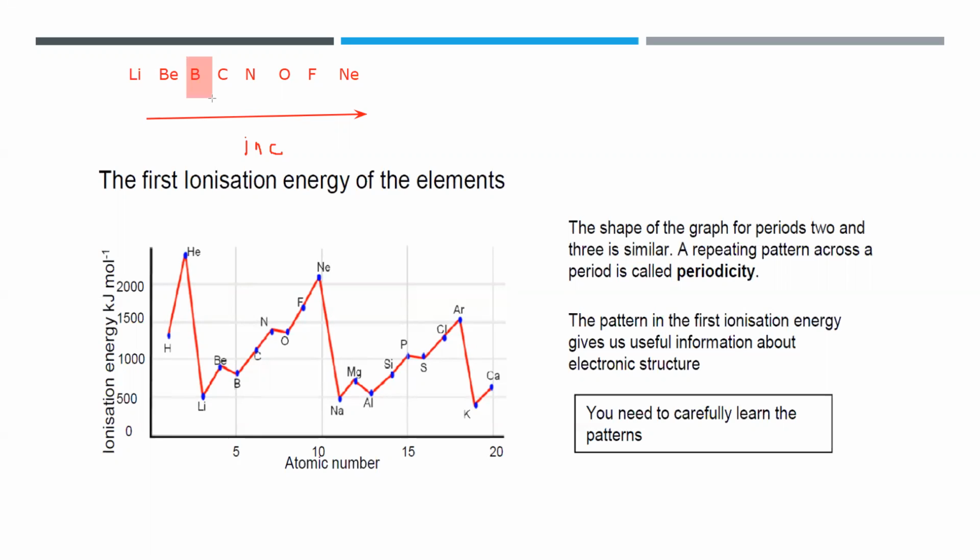It should be higher, but boron has a lower ionization energy than beryllium. And the same thing when we check oxygen: oxygen has a lower ionization energy than nitrogen. So what is the reason why beryllium and boron have different ionization energies? As we move across the period, the number of protons in the nucleus increases, so ionization energy should increase.